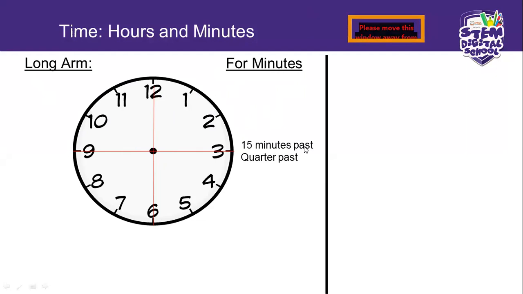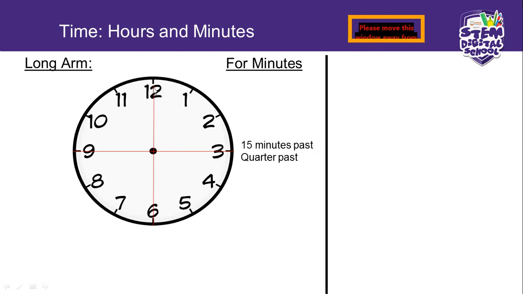For example, if our long arm is there when it is maybe 1 o'clock. Okay, let's say for example it is 1 o'clock. There's our long arm, it's there. Now it's imaginary, you will see it. And then our short arm, it's there, it's 1 o'clock.